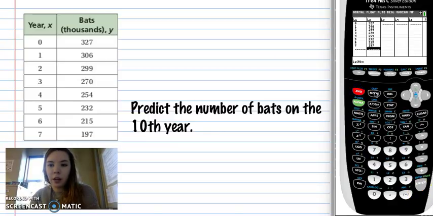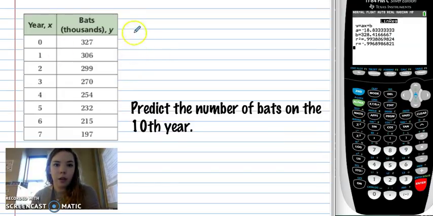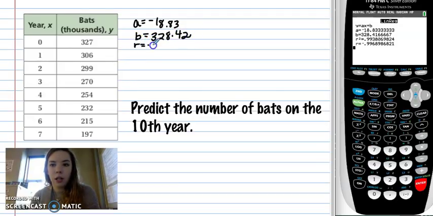And then I have to hit Second, Quit. Then I'm going to click my Stat button again and go over to Calculations and press 4 for Linear Regression. And then I'm just going to click Calculate. So then I have A equals negative 18.83. B is 328.42. And R is negative 0.9. Or really that rounds up to a perfect 1.